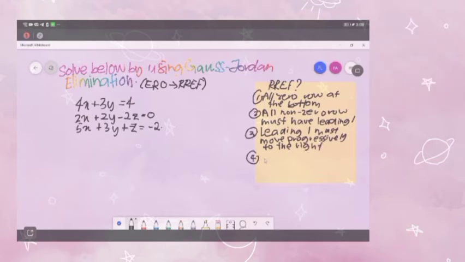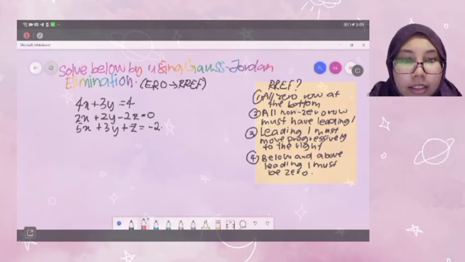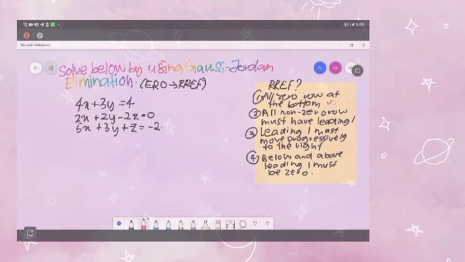And lastly, below and above the leading one must be 0. So we will solve the equation and we have to comply with all these conditions for it to be RREF. Okay, now let's solve this equation.